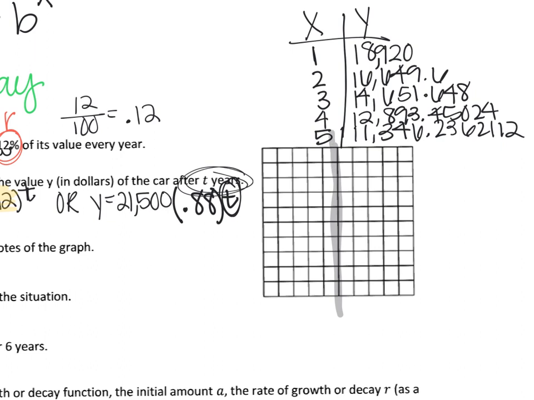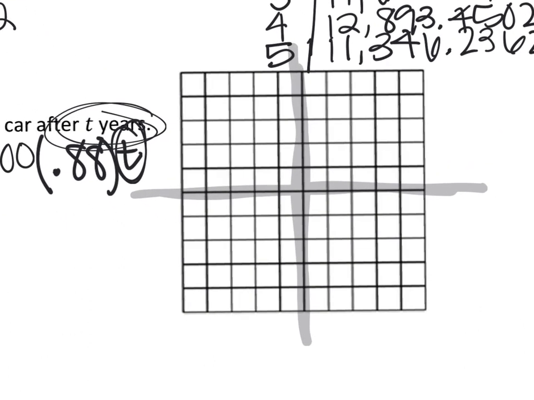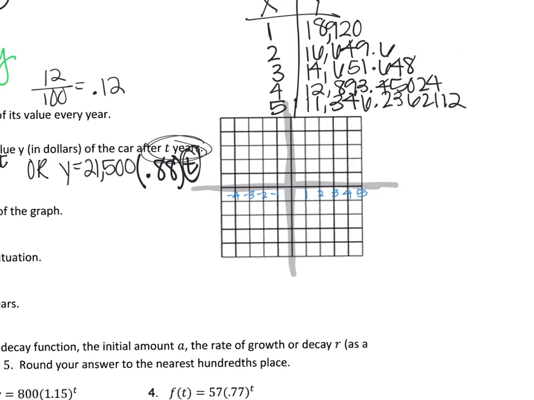If I were to make my x and y axis, one, two, three, four, five. And we'll just say 5,000, 10,000, 15,000, 20,000.